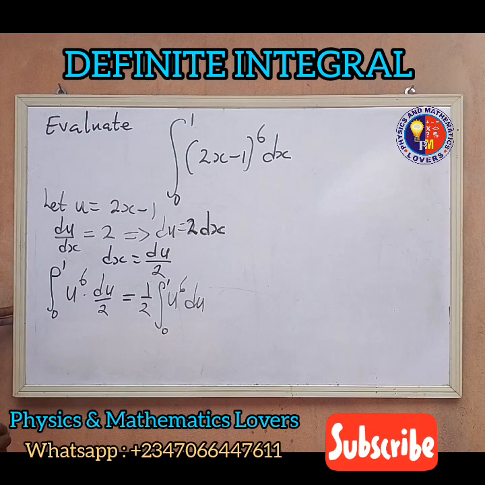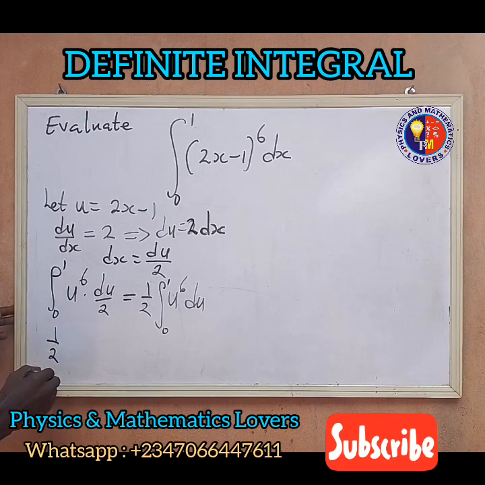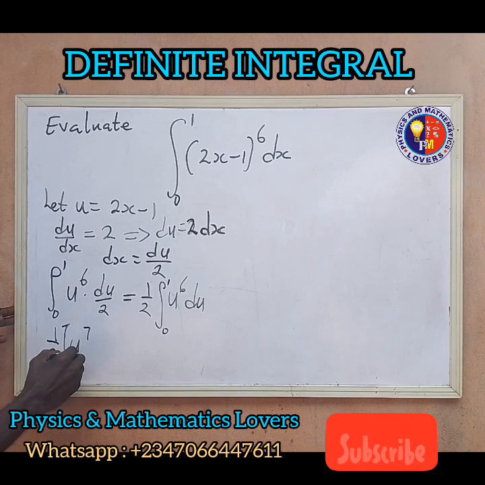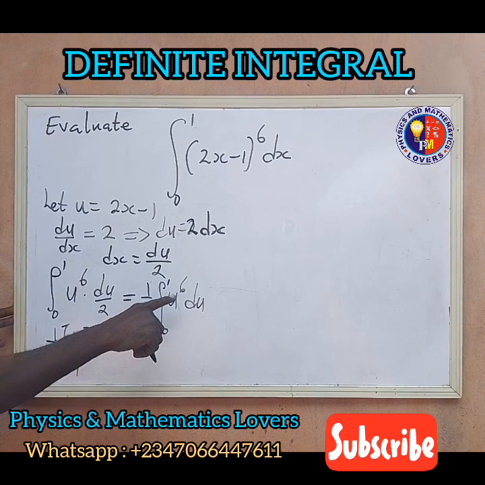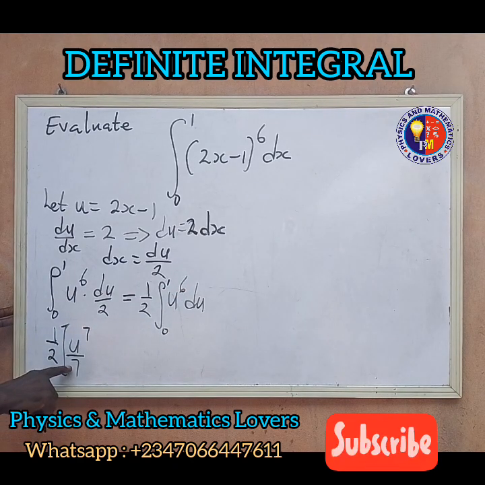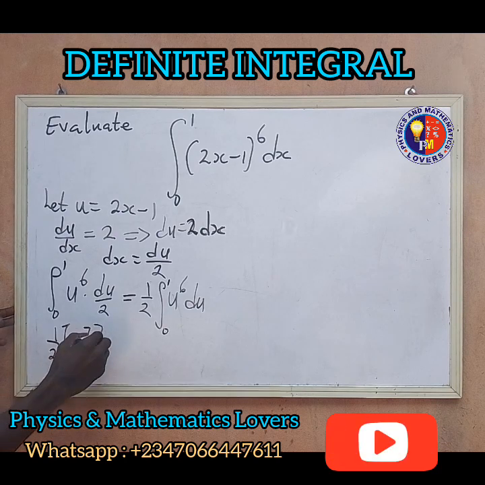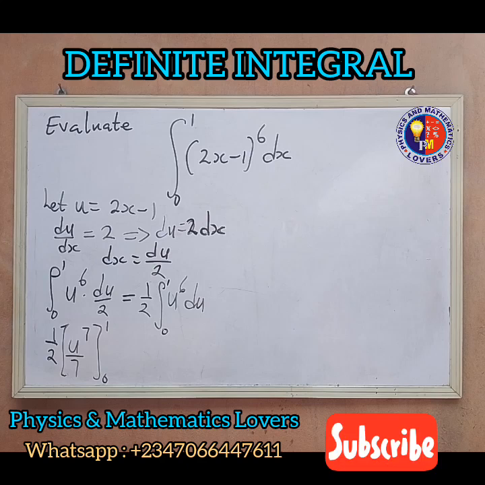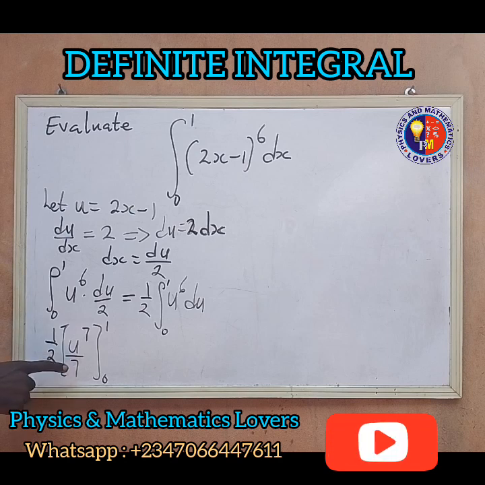So what we do now becomes 1 over 2, and it will give us u raised to the power 7 over 7, because 6 plus 1 is 7, evaluated from 0 to 1. Remember, there will be no constants because of the presence of the upper and lower limits.